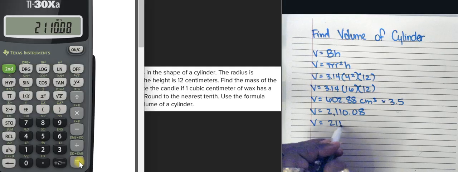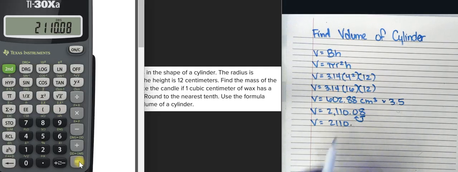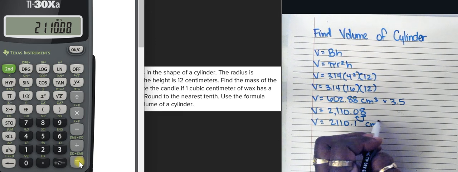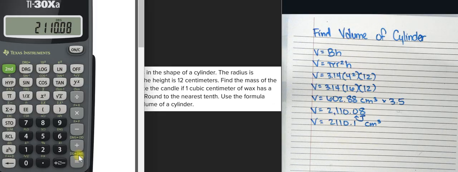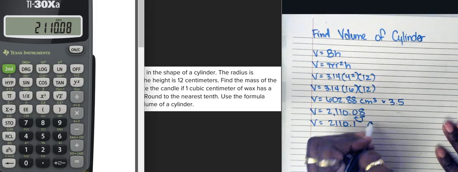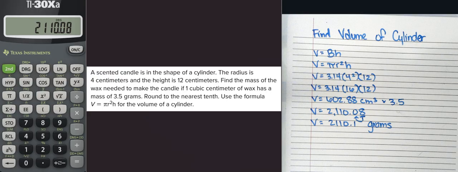So that's 2110 point. Let's use our right hand man to see what happens. That becomes a 1. Okay. And that's cubic centimeters that is needed. Oh, sorry. Nope, that's actually grams. That's how many grams we need. All right, so there's your answer.